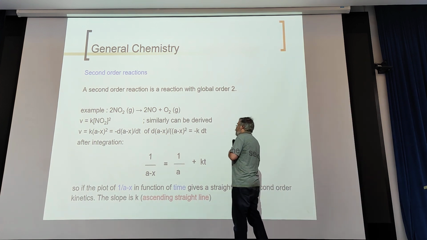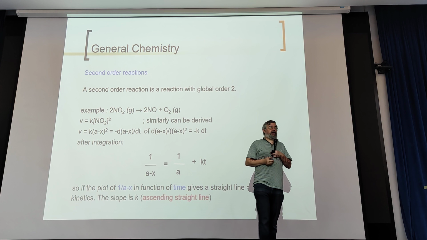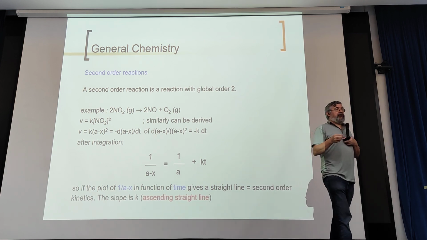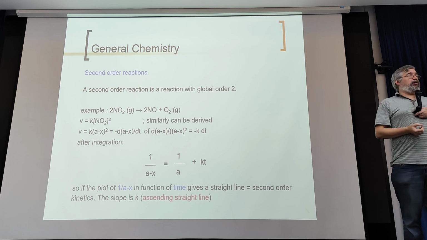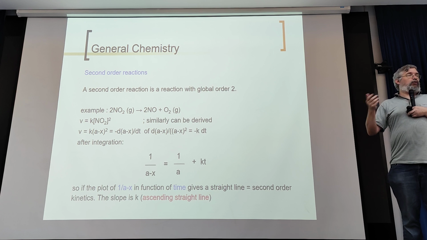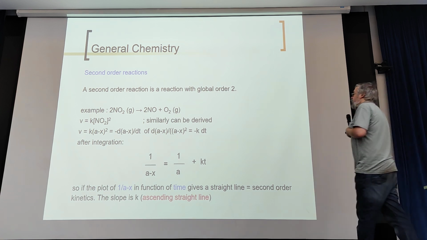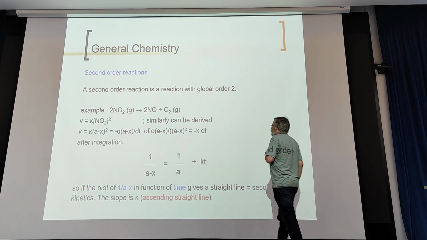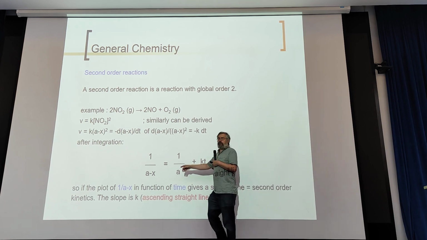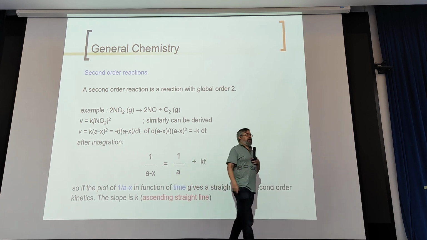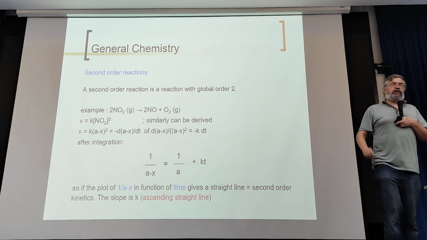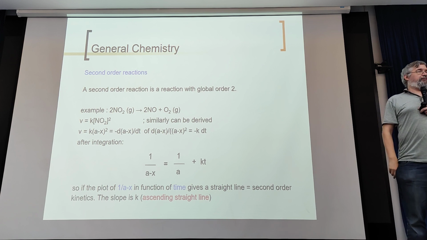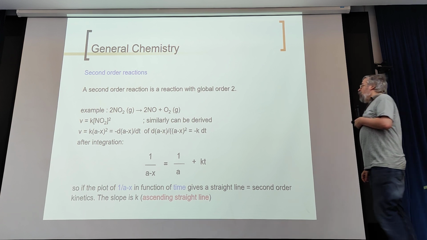So for such a reaction, we can now see that the concentration at any time is A minus X. We have again the differential of A minus X over time. We bring all of the A minus X terms together, we integrate, and now the function is not a logarithm of A minus X, but 1 over A minus X. So a reciprocal concentration, you could say.